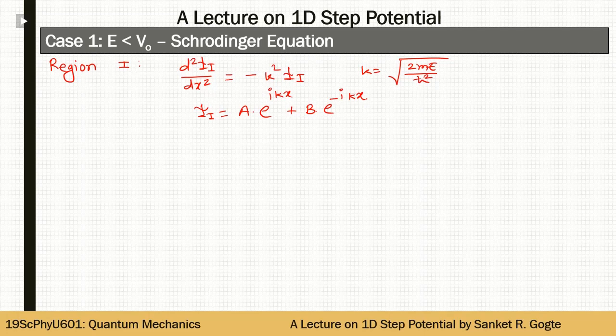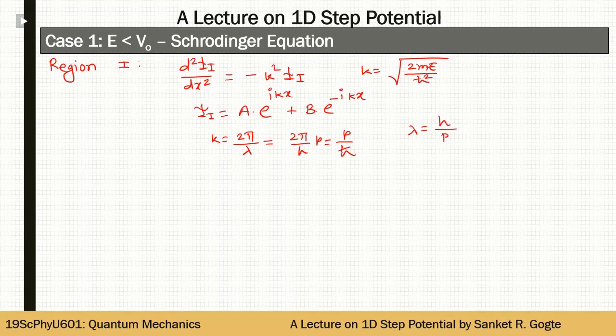For any wave in general, the angular wave number k is equal to 2 pi by lambda, and if we use de Broglie's equation, where lambda is equal to h by p, then k is equal to 2 pi p by h, or p by h cross.